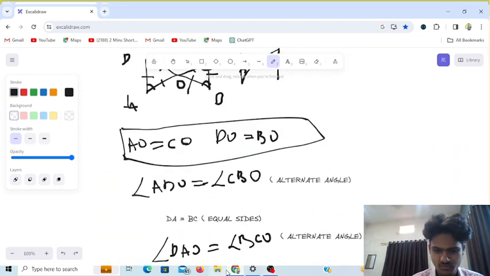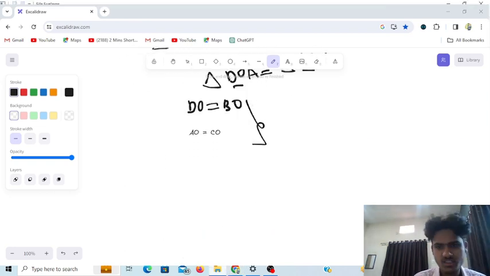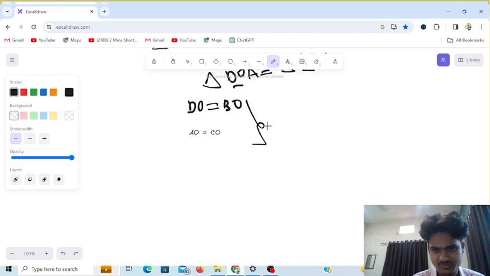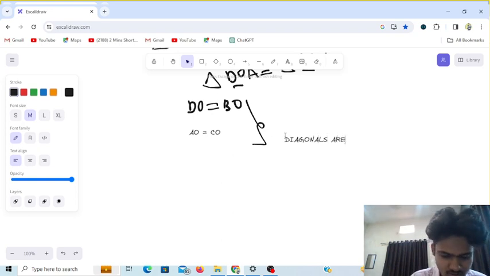So from this we can say that diagonals bisect each other.